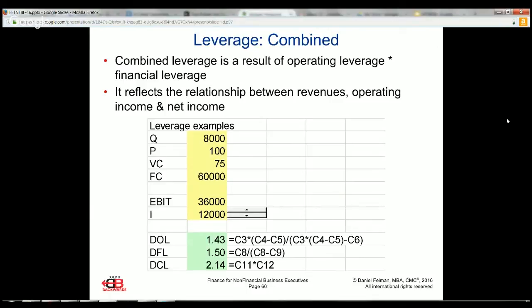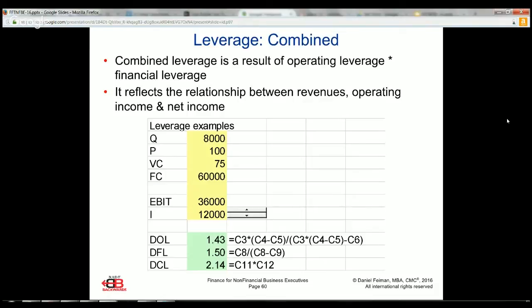Of course. If our quantity, if the revenue declines by 3%, the decline in EBIT is 1.43 times that. We multiply that times 1.5, and that'll show the decrease in net income.